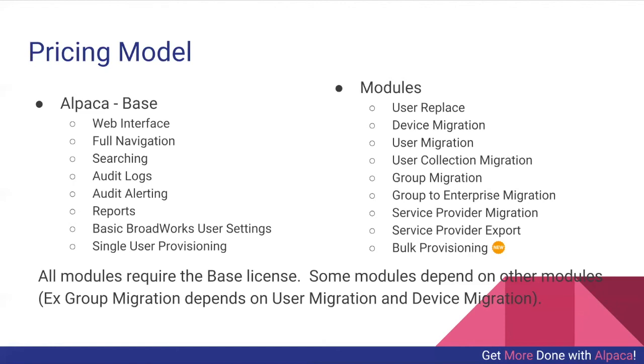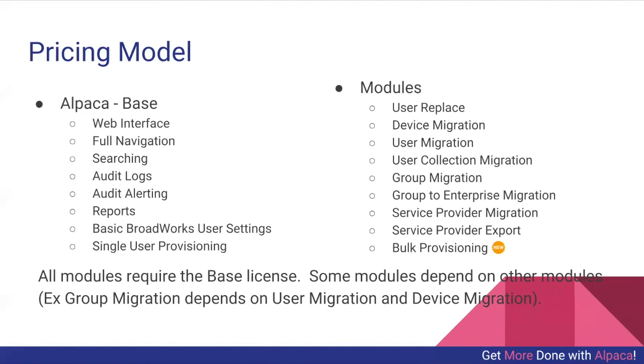If you already have Alpaca base, then you have all of the things that are on the left-hand side already, which includes the full navigation interface, searching, audit logs, audit alerting, all of the reports that are stock, basic BroadWorks user settings, including the authentication resets and those sorts of things, and the ability to provision individual users.